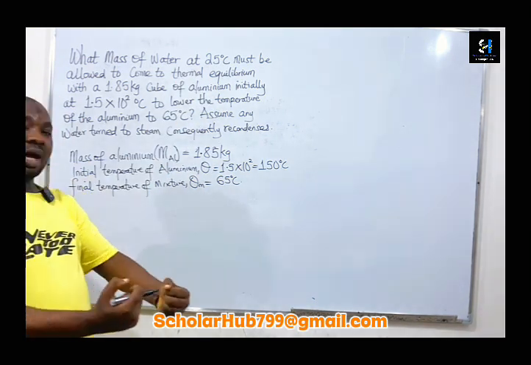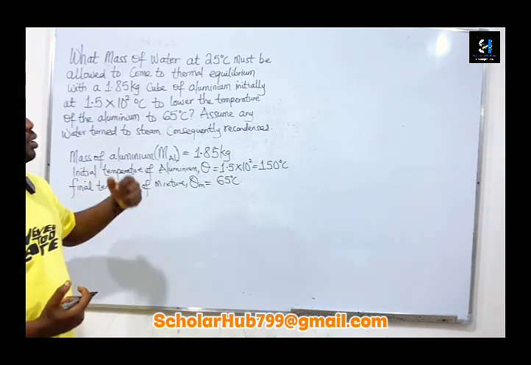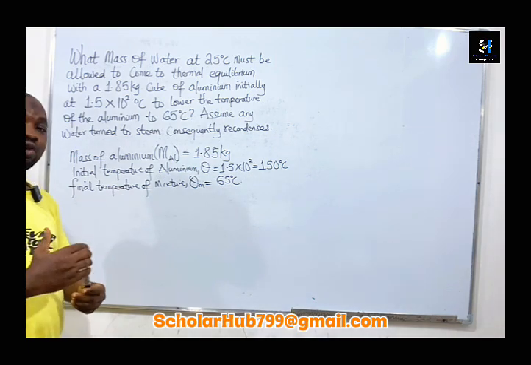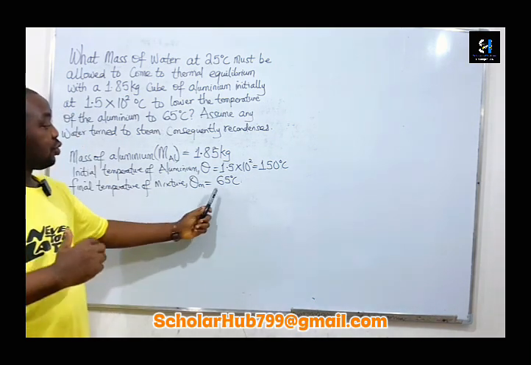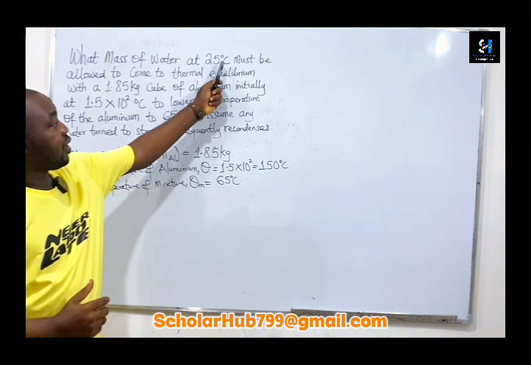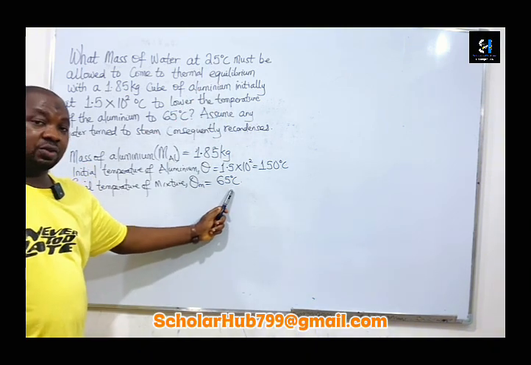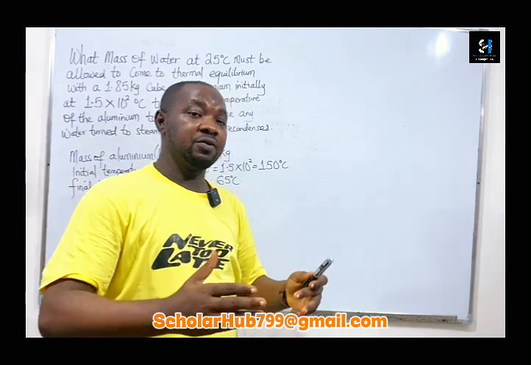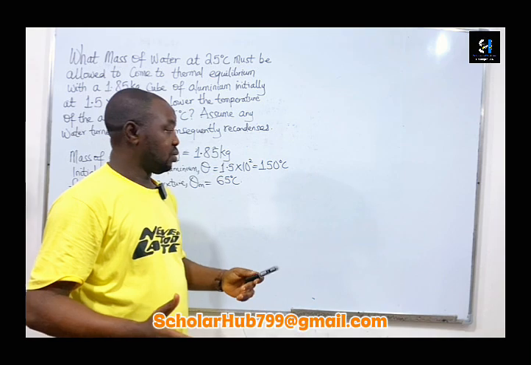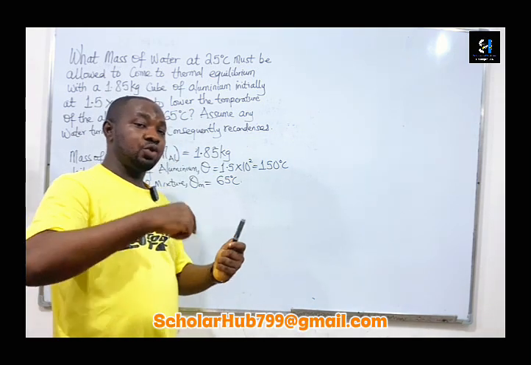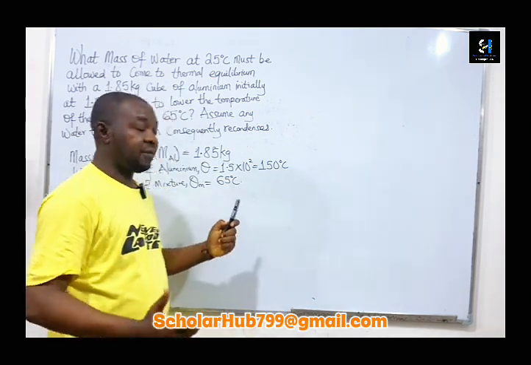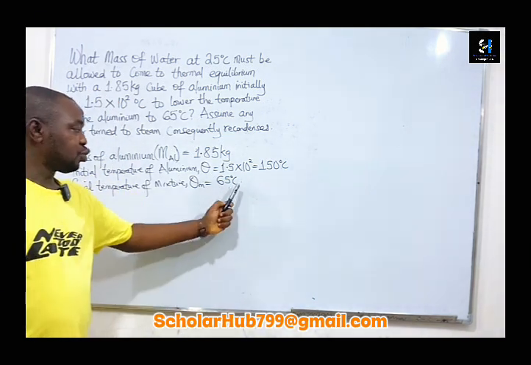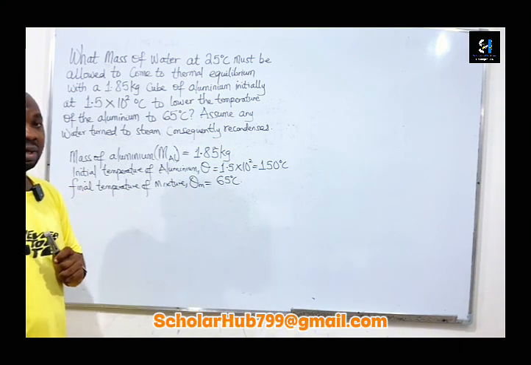When water absorbs heat from the hot aluminium cube, its temperature will rise from 25 degrees Celsius to 65 degrees Celsius, because after the mixture is stirred thoroughly to aid even temperature, the thermometer is introduced to read and record the final temperature of the mixture to be 65 degrees Celsius.